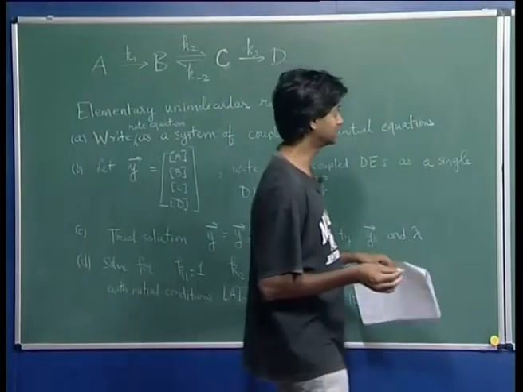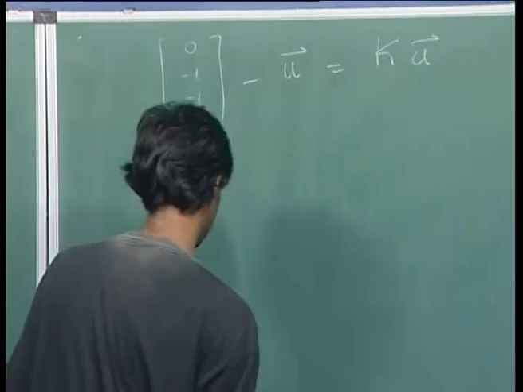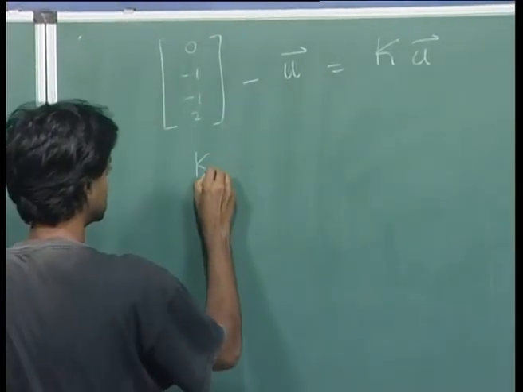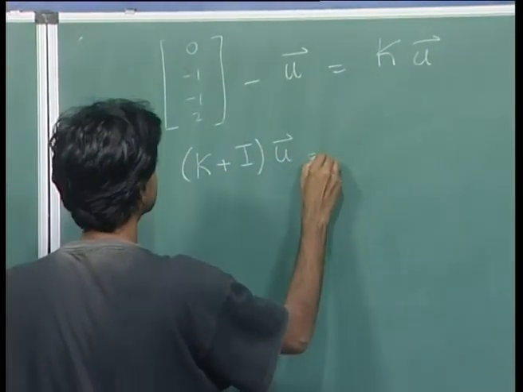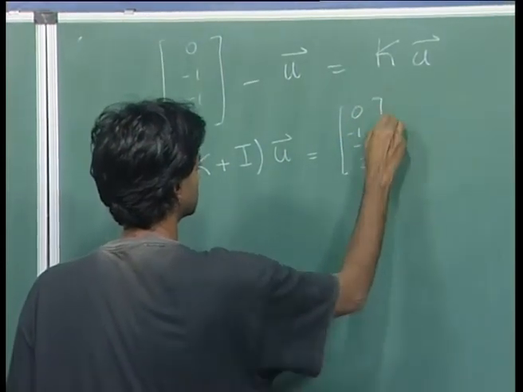So I cancelled all the e to the minus t and all the other terms, and what I get is exactly this. In other words, I can take the u to the right and write k plus identity into u is equal to 0 minus 1 minus 1 2.